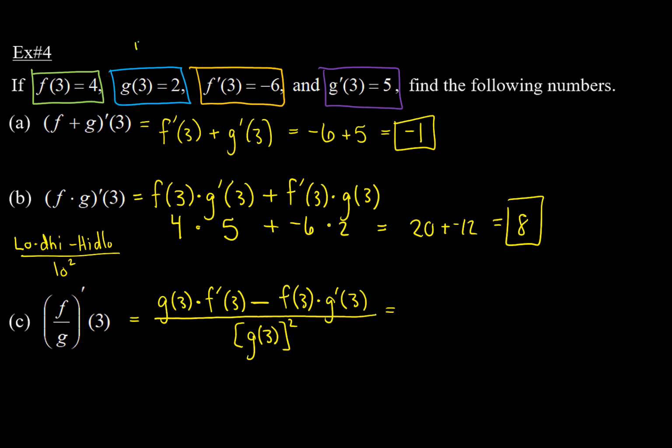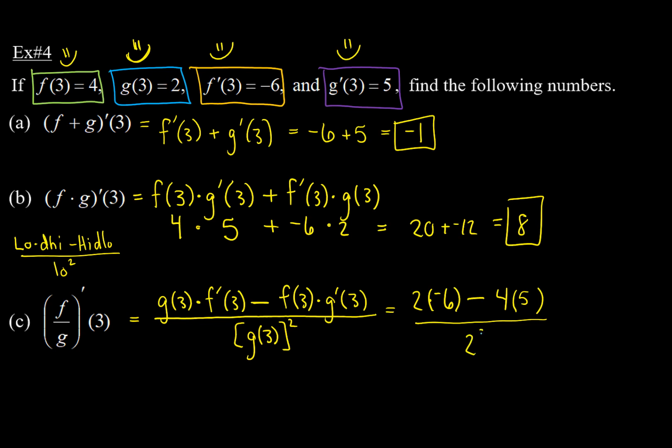So g of 3 is going to give me 2. This first one here, g of 3 is going to give me 2. F prime of 3 is going to give me -6. I'm going to multiply those together. And then I'm going to subtract because it's the quotient rule. And f of 3 is going to give me 4. And g prime of 3 is going to give me 5. And then g of 3, we'll use that again. That's going to give me 2.